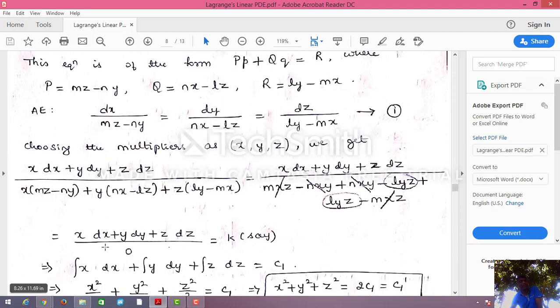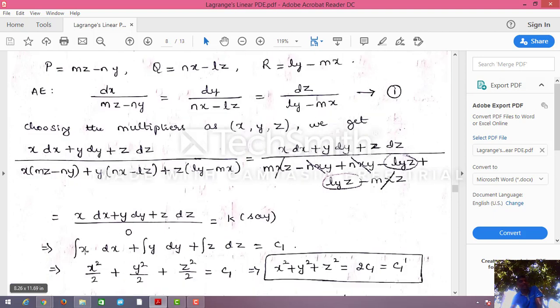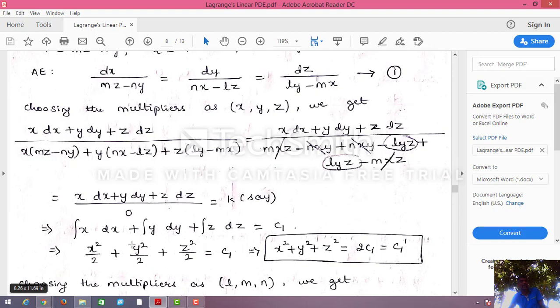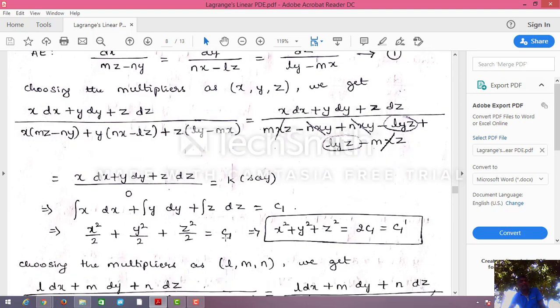So now x dx plus y dy plus z dz divided by 0 equal to k. So you will get x dx plus y dy plus z dz equal to 0. Once you get that, we will integrate. You will get x square by 2 plus y square by 2 plus z square by 2 equal to c1. If you take the 2 to this side, 2c1, I am writing that as c1 dash. So one solution I got.